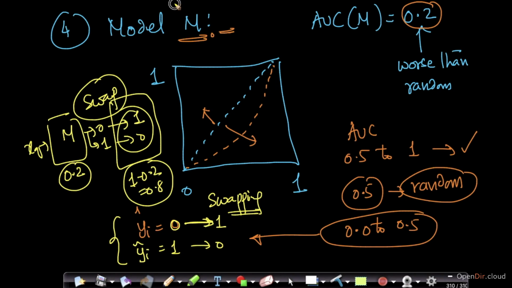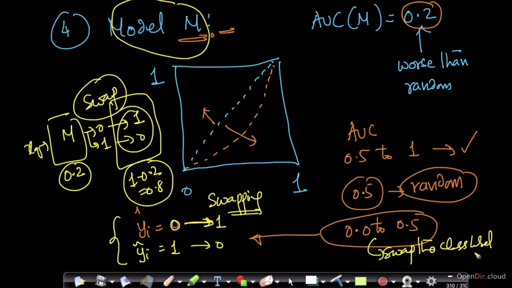So if you ever see a model with an AUC of less than 0.5, just swap the class label. When you swap the class label, you get an AUC which is 1 minus this value. In this case, 1 minus 0.2, which is 0.8. 0.8 is good, right?